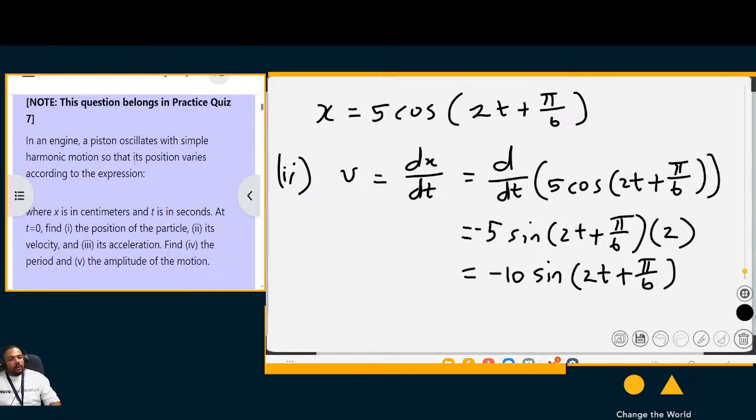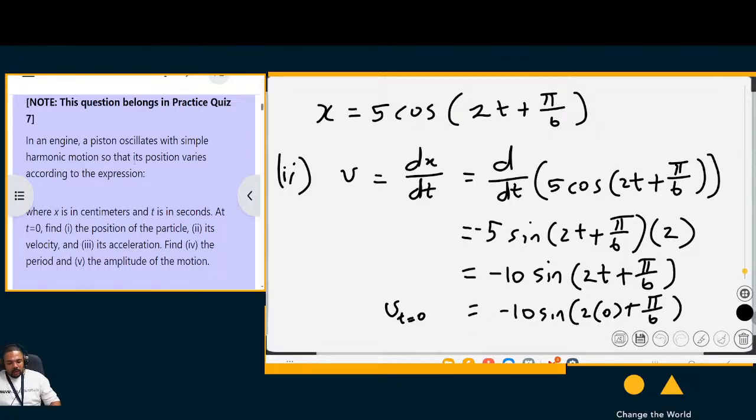They ask us at time naught to find its velocity. So we plug in 0 there and we will find its velocity at time naught. Negative 10, by the way, this is centimeters per second, negative 10 sine of 2 times 0 plus pi over 6.